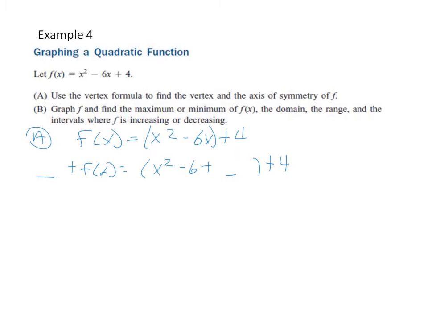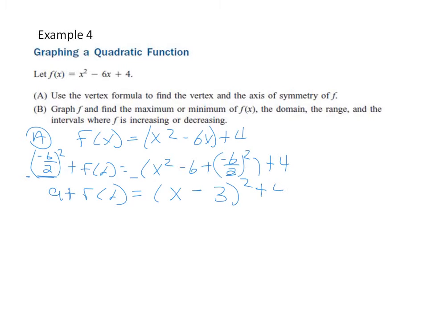So plus something. It's going to be -6 over 2 squared. There's no number in the front, so we don't have to worry about that. So -6 over 2 is -3, so it's going to be 9 plus f of x equals, and then x, and -6 is going to be -3 squared plus 4.